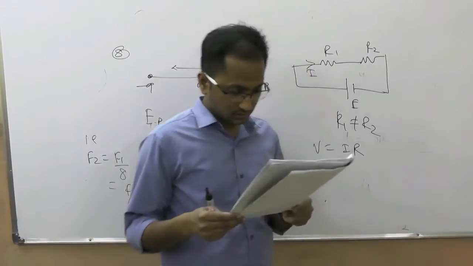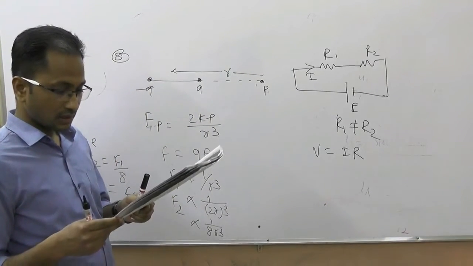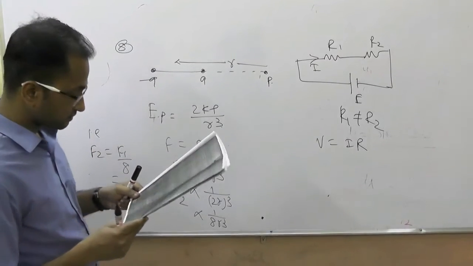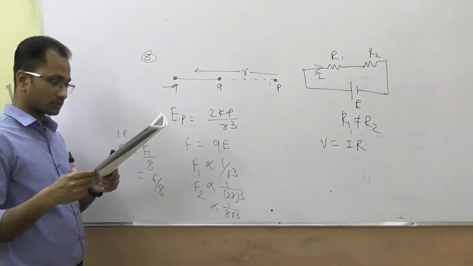Now we have question 9. If the net electric flux through the closed surface is 0, then we can infer, first option, no charge is enclosed by the surface.